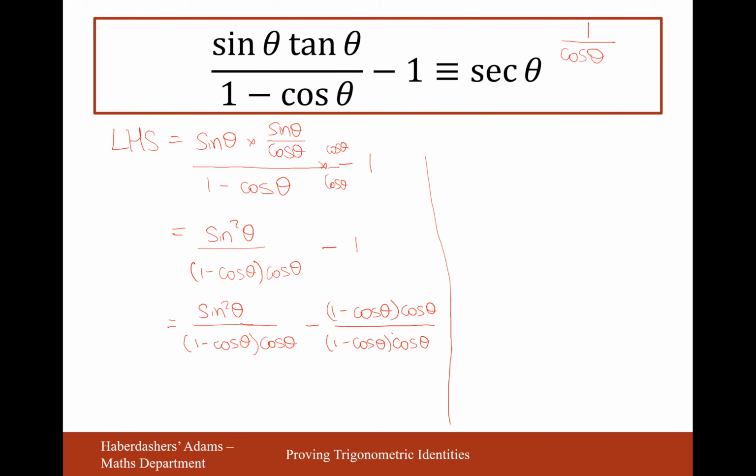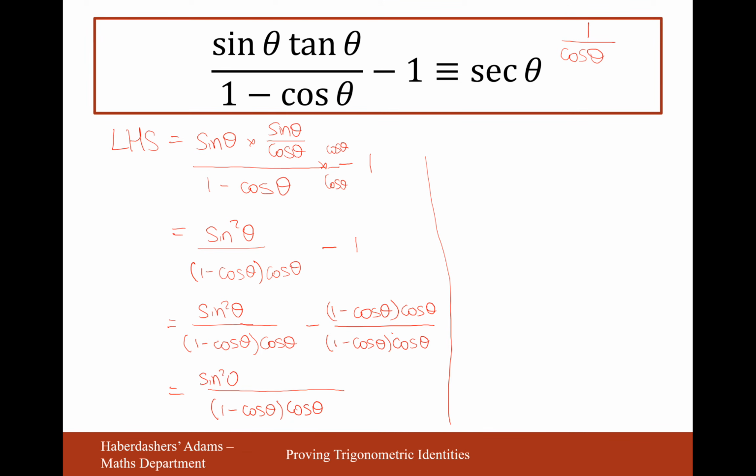Right, so now that we can combine these two together, we can now subtract because we have common denominators. So we're going to get 1 minus cos theta, and then it's going to be sine squared.